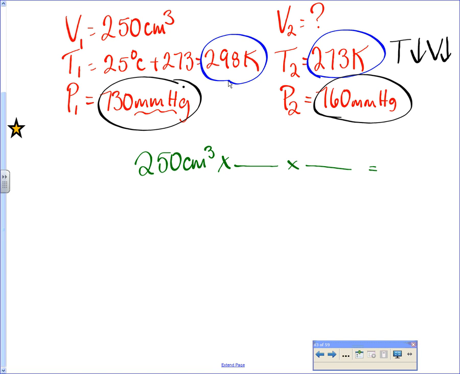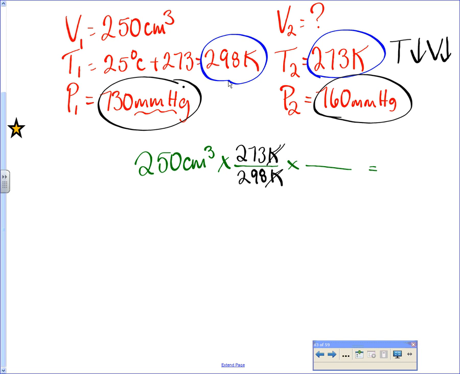What number should I put on top? The smaller number. We'll put the 273 Kelvin over the 298 Kelvin. Again, my goal is to end up with centimeters cubed, so all my units other than the centimeters cubed better cancel. Now I'm going to do the same exact thing for my pressure.